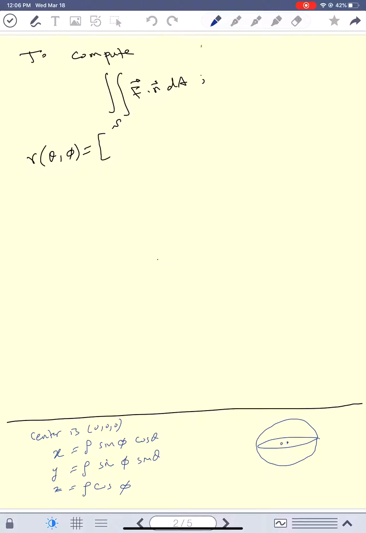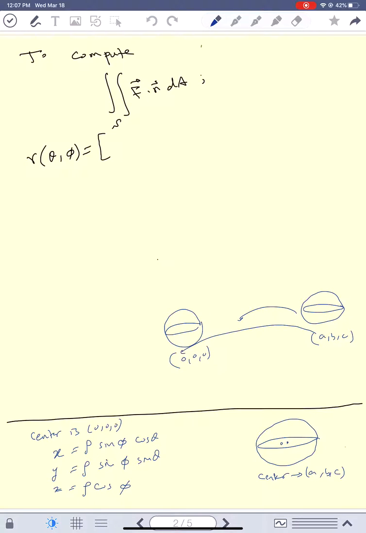But what happens if you have another center like A, B, C? What happens is we make a shift. Imagine you have this ball here centered at A, B, C. You carry it and make it centered at the origin, 0, 0, 0. So basically the A goes back to 0, the B goes to 0, the C goes to 0.